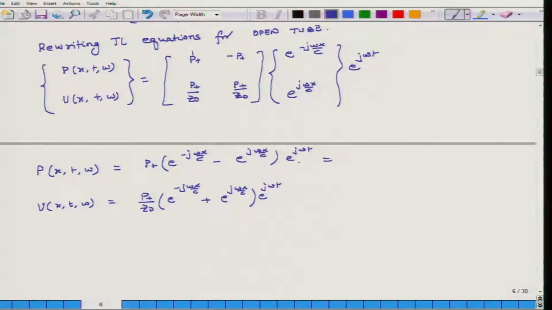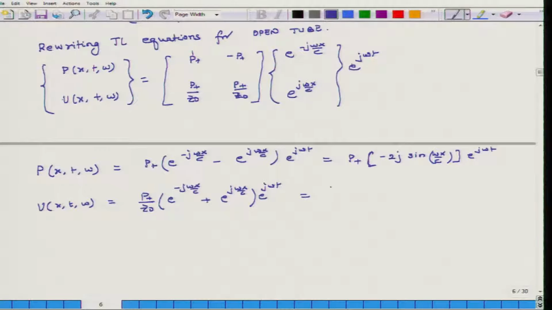So, if I simplify the terms in the brackets, what do I get? I get P plus times e to the minus j omega x over c minus e to the j omega x over c, which is minus 2j sin omega x over c, and then of course e to the power j omega t.